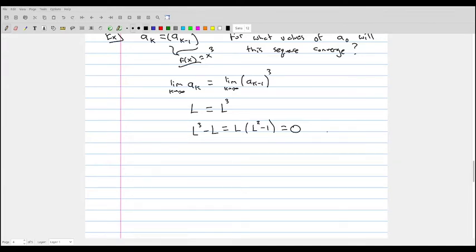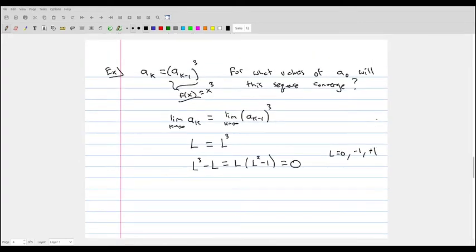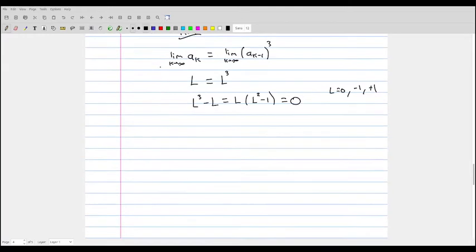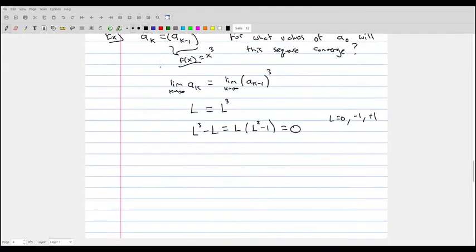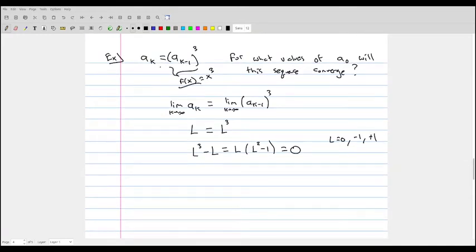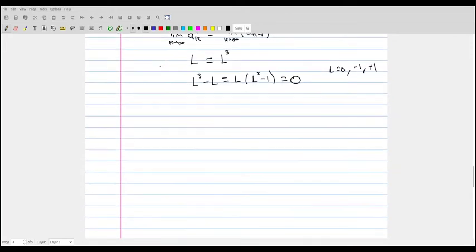It's a cubic, and the first solution is L equals 0. And the other two solutions are L equals plus or minus 1. So those are all possible limits of this recursive sequence right here.